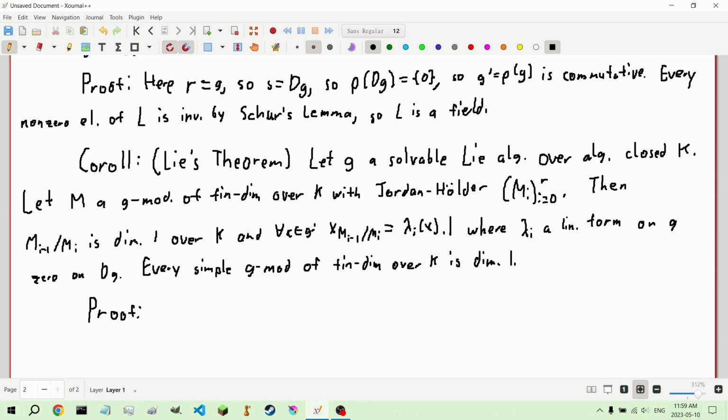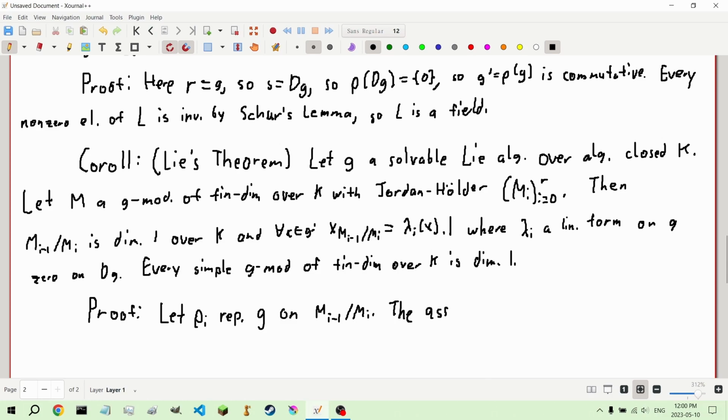So we're going to let rho_i be the representation of G on M_{i-1} over M_i.